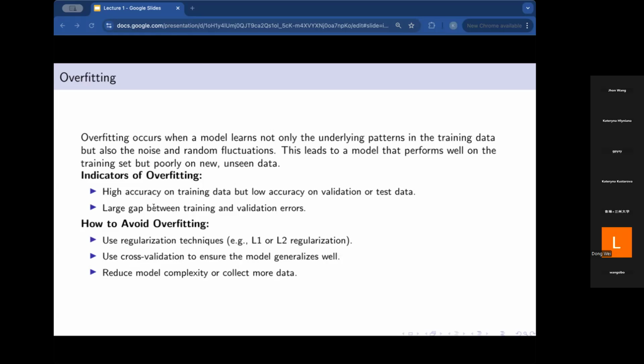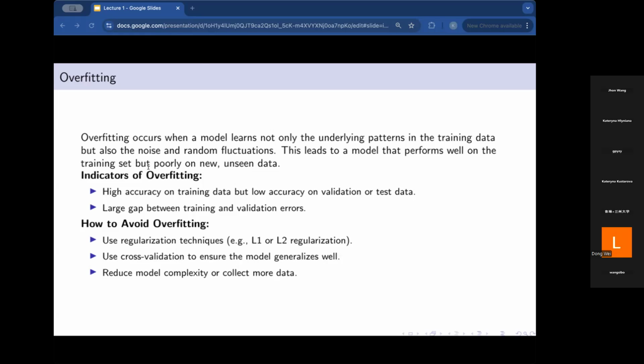This means the model fits the training data almost perfectly, but loses its ability to generalize to new unseen data. As a result, it performs very well on the training set, but poorly on test or validation data.